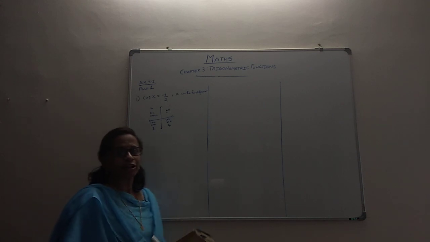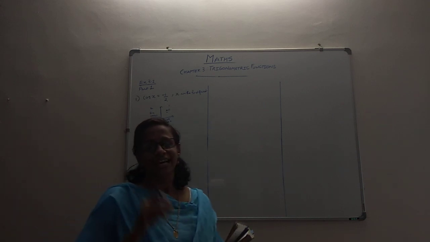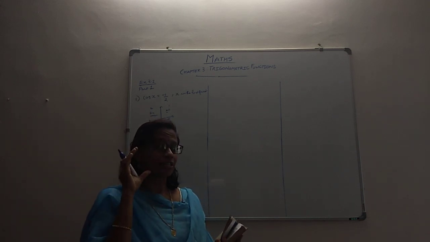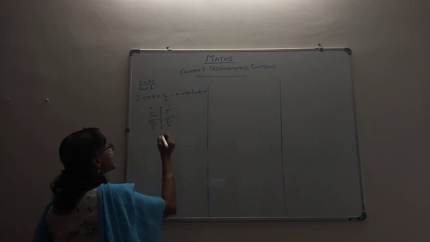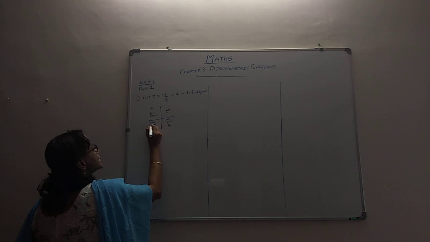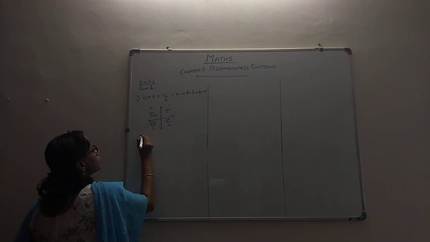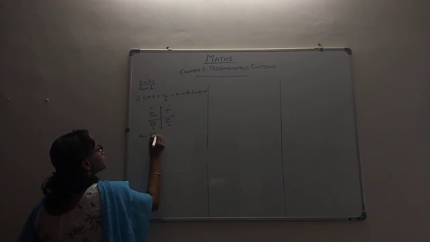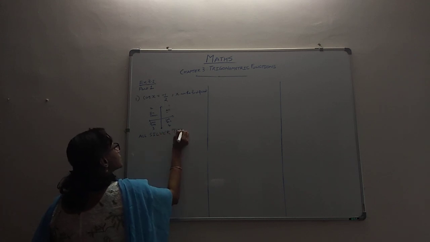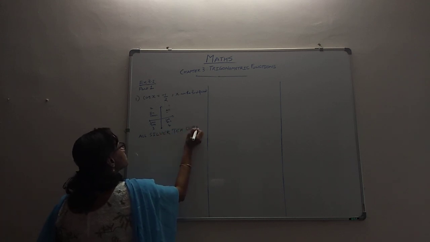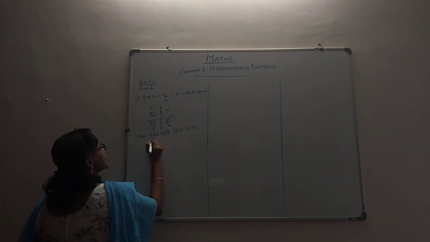There are many acronyms by which we remember which trigonometric ratio is positive in which quadrant. We say All, Silver, Tea, Cups. That's how we remember: all, silver, tea, cups. Of course there are others also. Or sometimes people learn CAST, C-A-S-T.